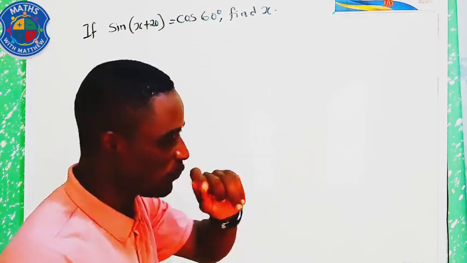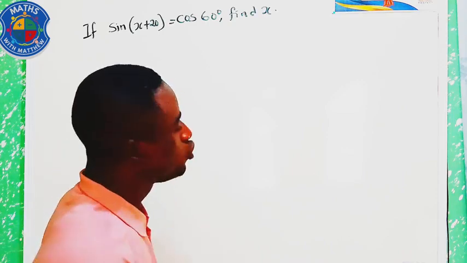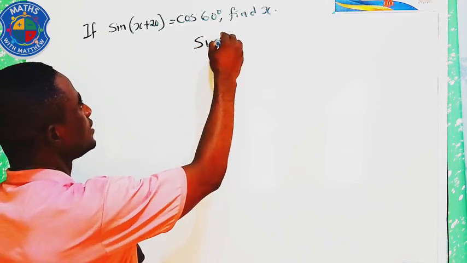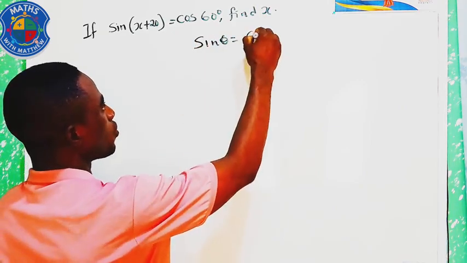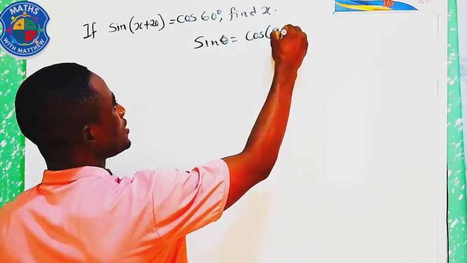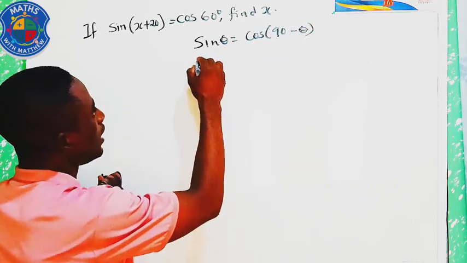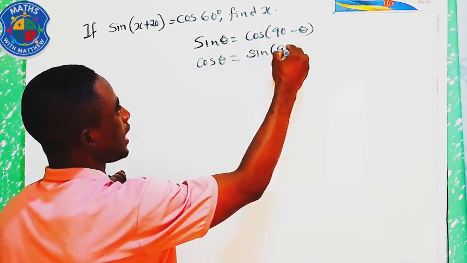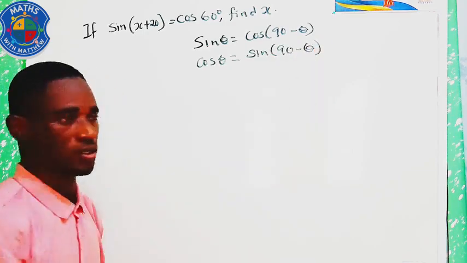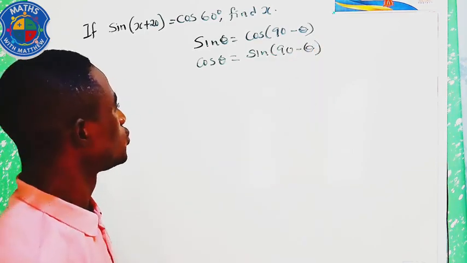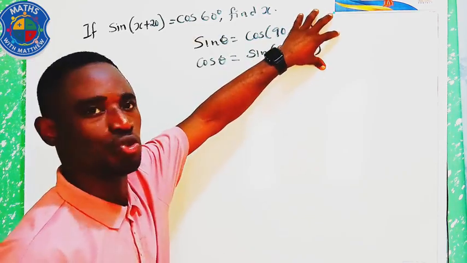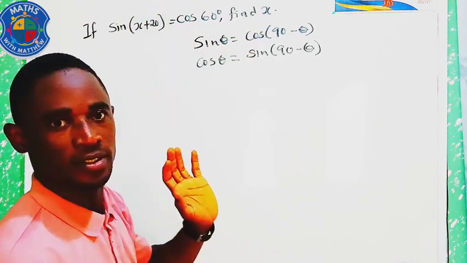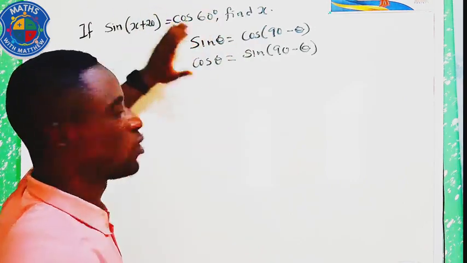But before we go there, you must know this law that says sine theta equals cos 90 minus theta, and cos theta equals sine 90 minus theta. You understand? You need this to solve what you have here.